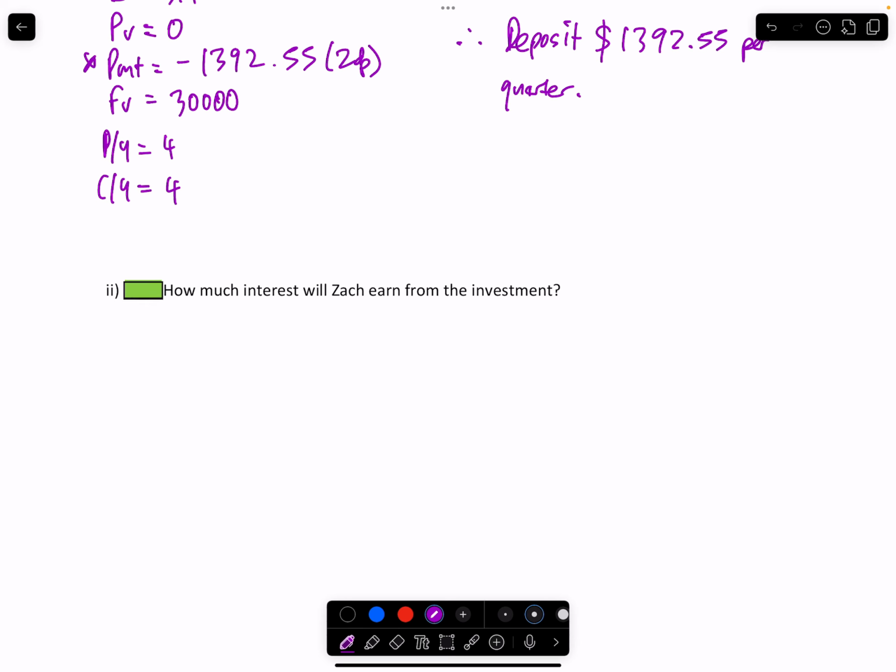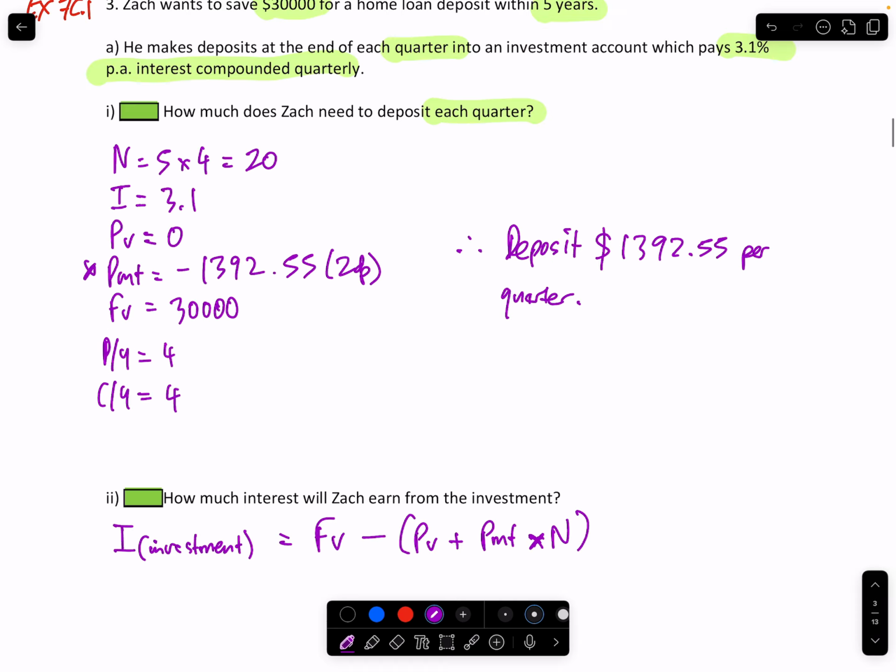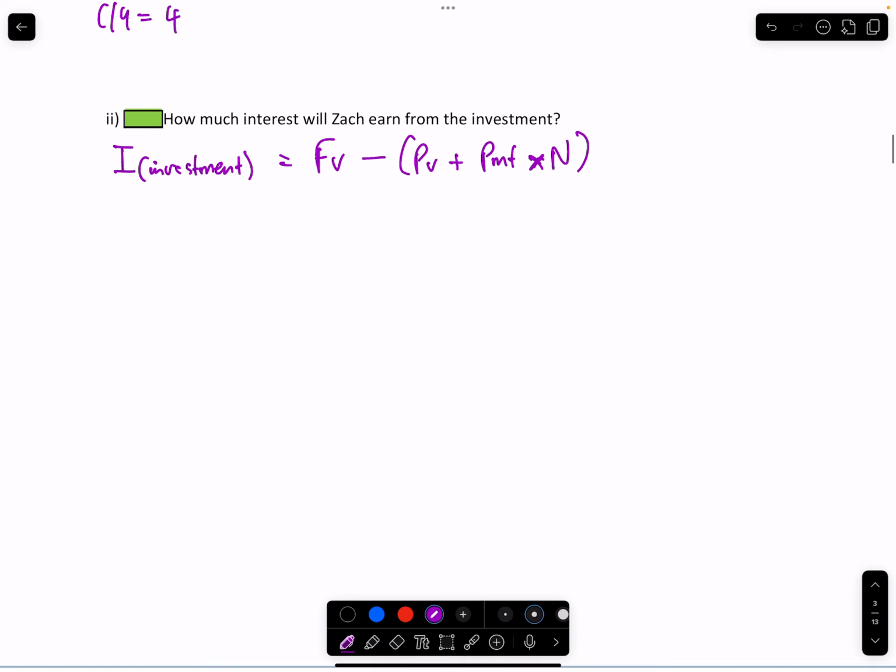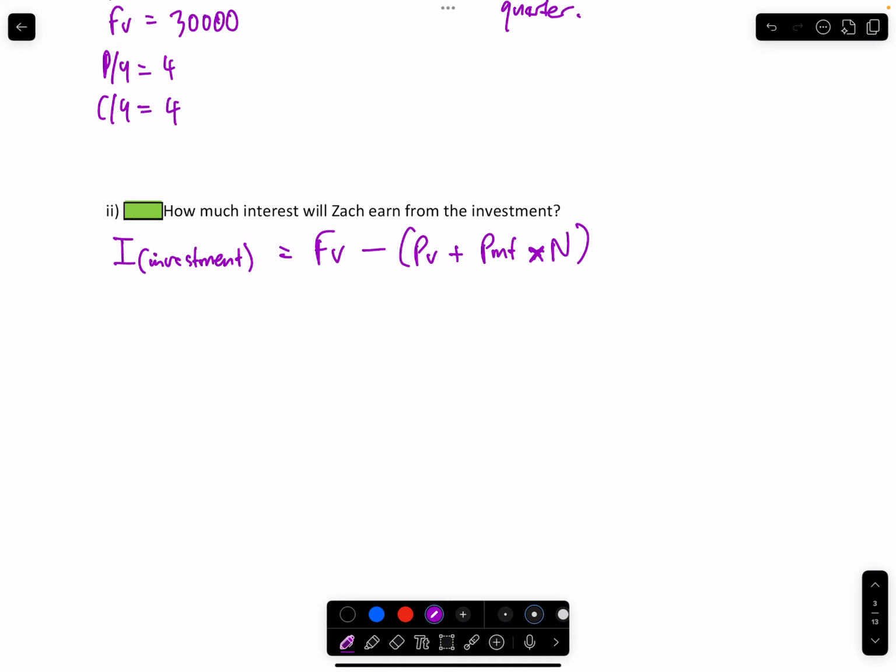So you need to remember interest on an investment formula way back when is FV, what it grew to, minus anything that you put in. So any PV plus any regular payments, which is PMT times N. If you don't have that formula, I need to question what you were doing in the lesson, but now in this video you can get that formula for the interest on an investment.